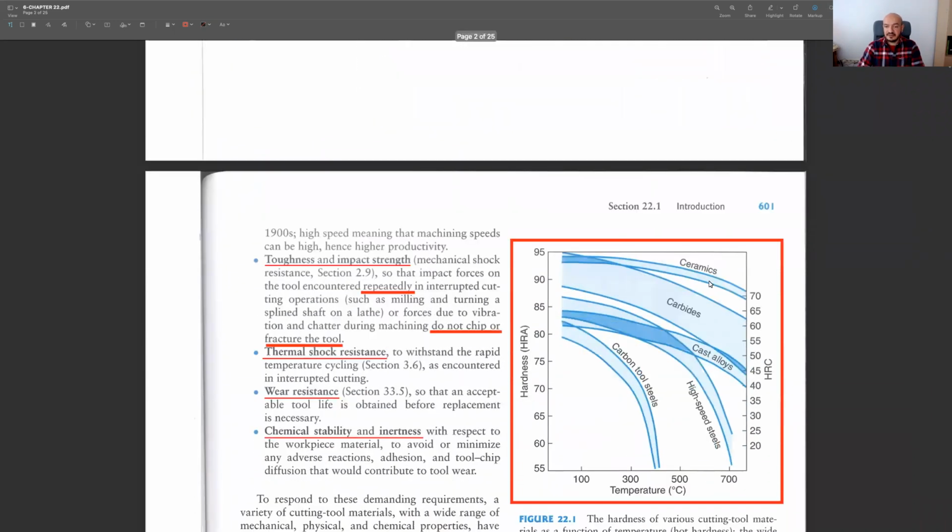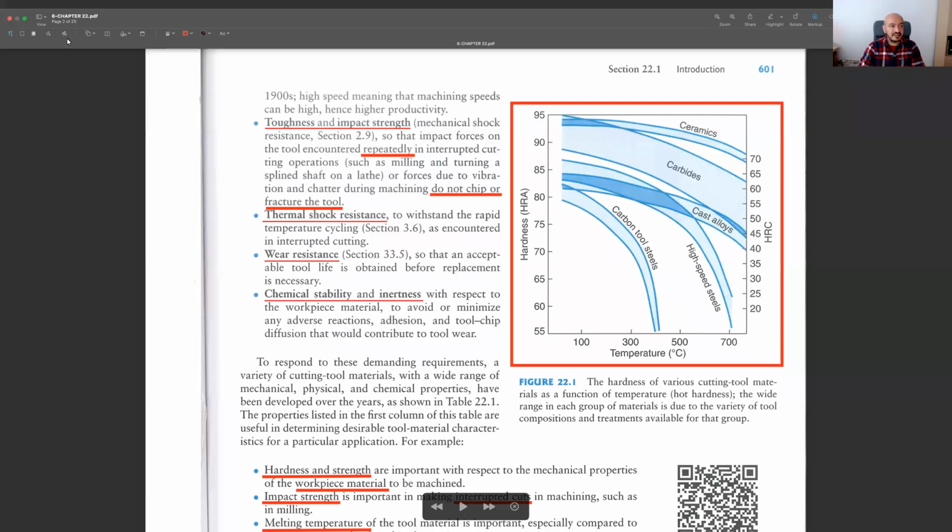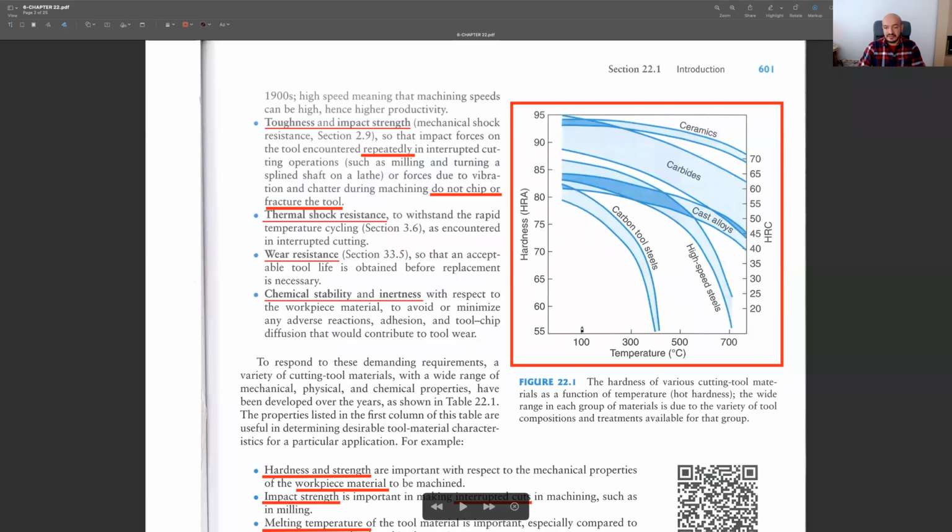Let me discuss it in this figure. This figure is showing the machining temperature and hardness values, different hardness values, but it doesn't matter. They are almost the same. As you see, as the machining temperature increases, the carbon tool steel, which is the most primitive type of cutting tool material, its hardness suddenly decreases after, let's say, 100 degrees.